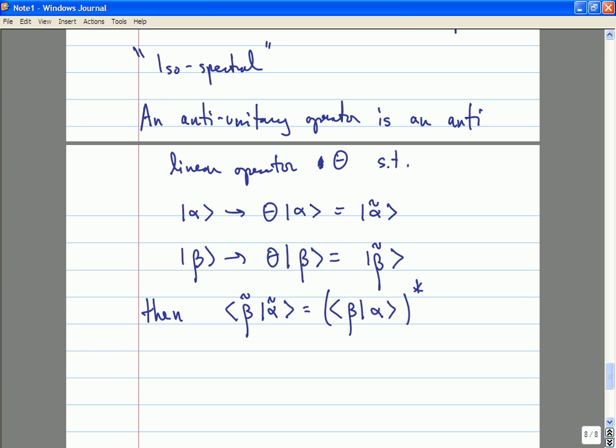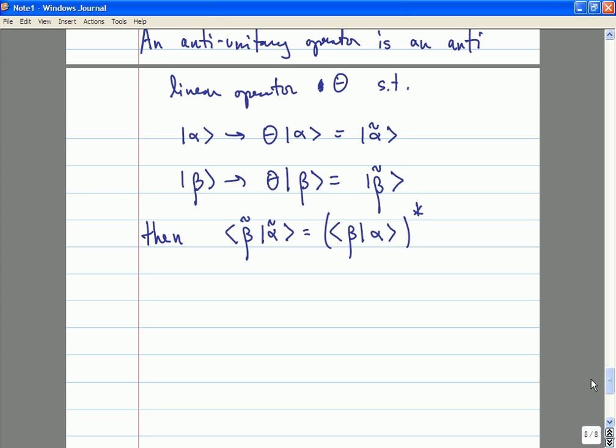Unitary operators you are probably familiar with. Anti-unitary operators you are not. But when we study symmetries in quantum mechanics, anti-unitary operators will be important. And in particular, it is a very deep fact that anti-unitary and unitary operators in quantum mechanics are symmetry operations.